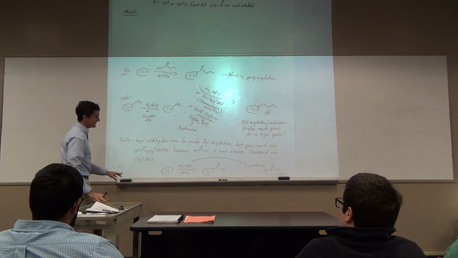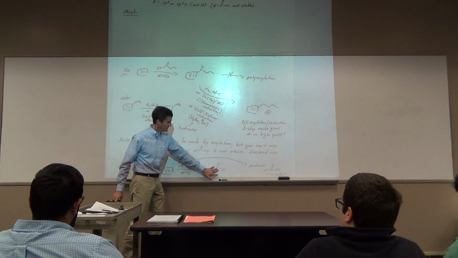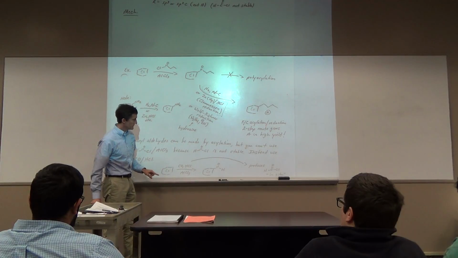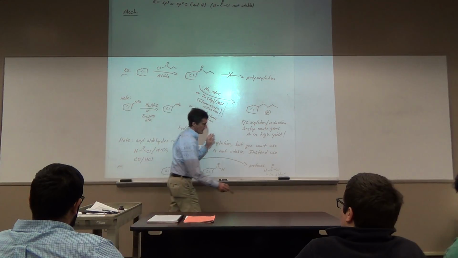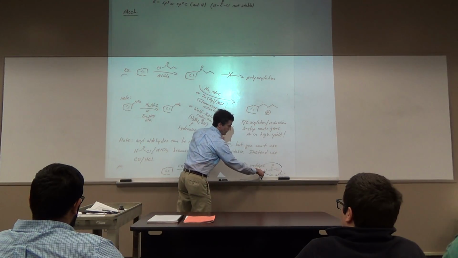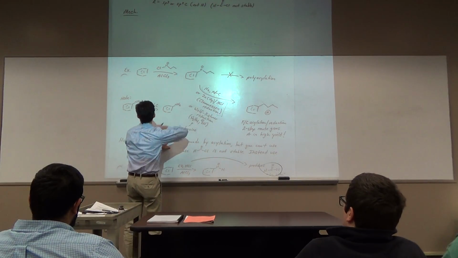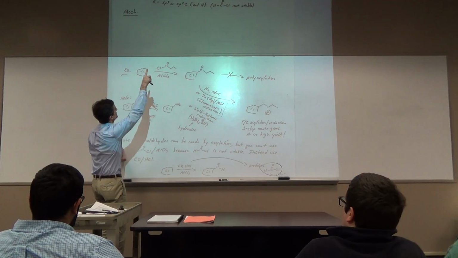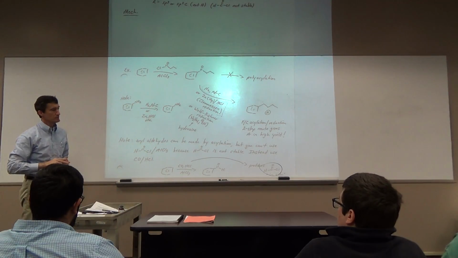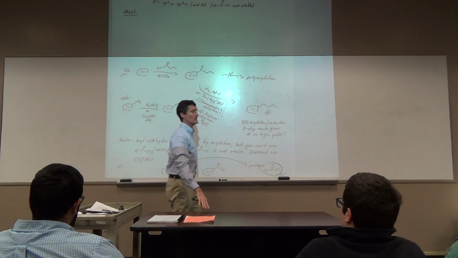Miscellaneous comment. A lot of times students want to try to make aldehydes using the acylation. Using this here, where R is H. I haven't defined what R is. Where's our mechanism? It must be up top. Here, pull it down. What can R be?